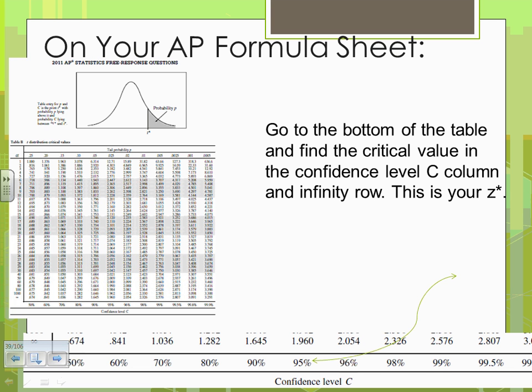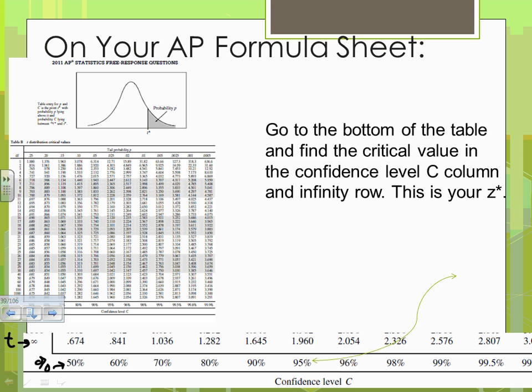I jumped to the t table here for you. The t is going to approximate the z's, and we'll get into that a little more. Go ahead and jump over to table B so you can see the t's as well. At the very bottom of table B, this line where it has the infinity and the percentages, those are as t goes to infinity.